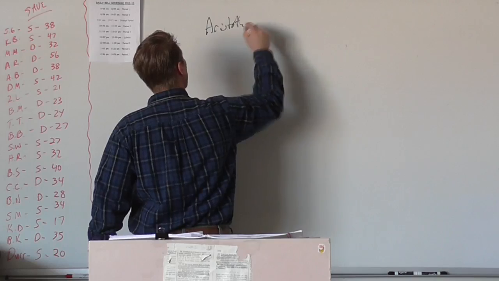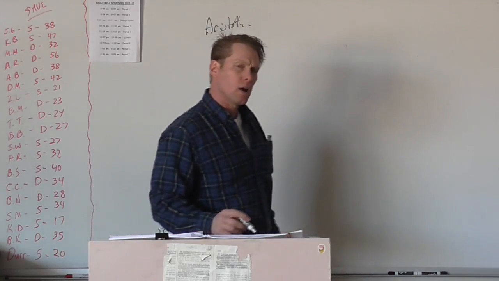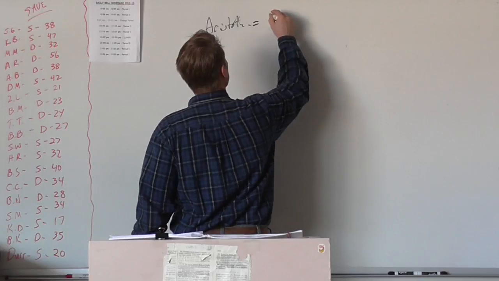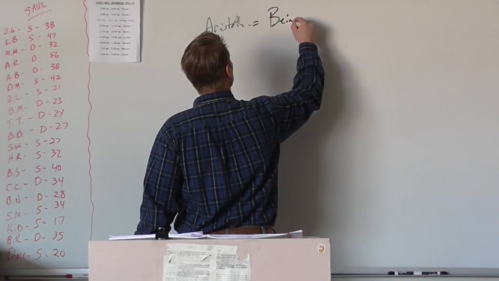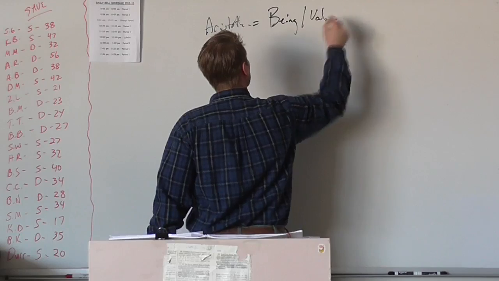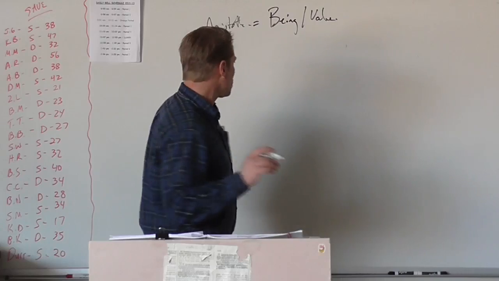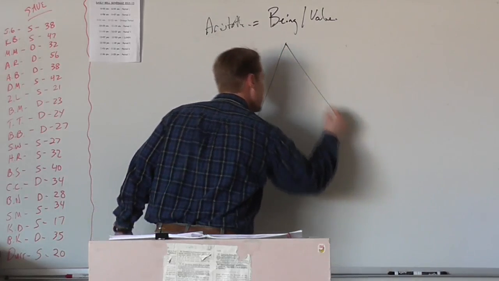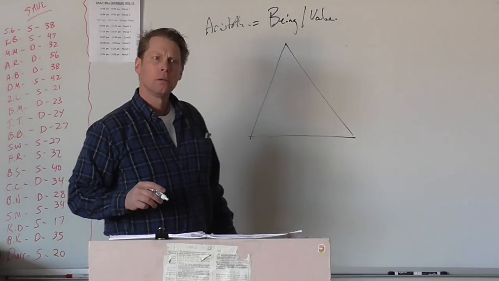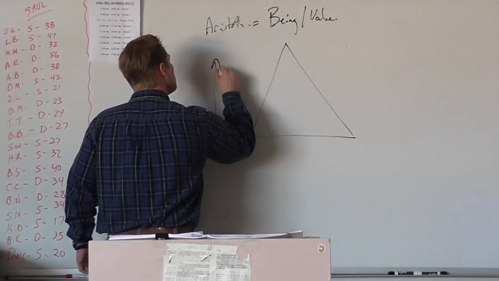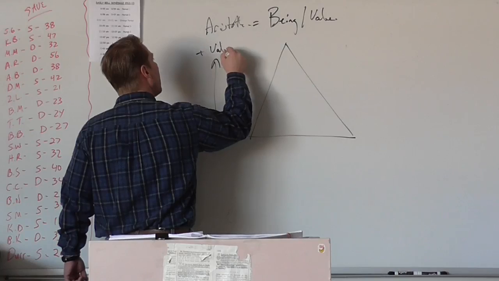Okay? Aristotle had a certain understanding of what we will call the great hierarchy of being or value. And the way he introduced this in his writings is to talk about a pyramid that looks something like this. The higher up you go in the pyramid, the more value.